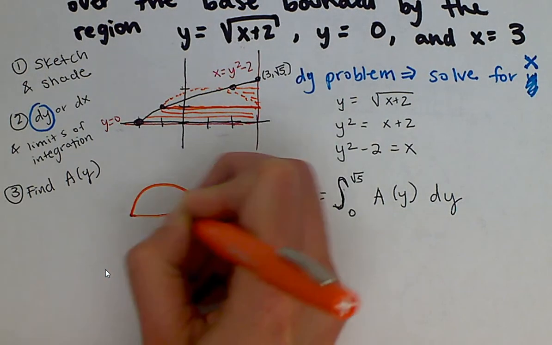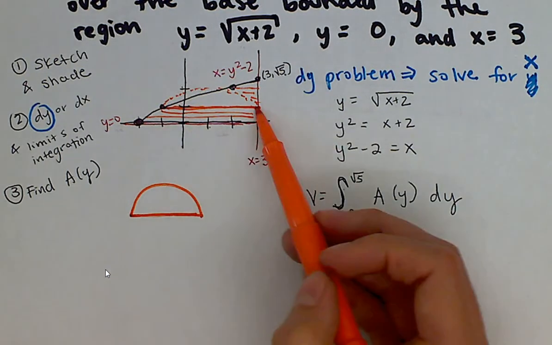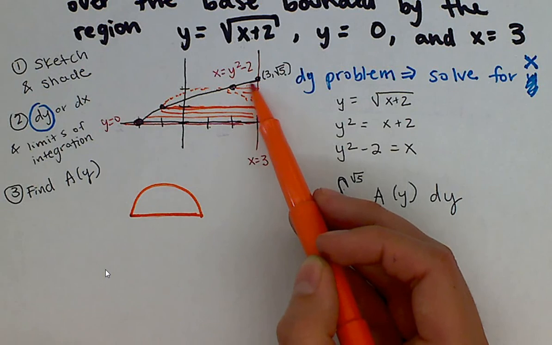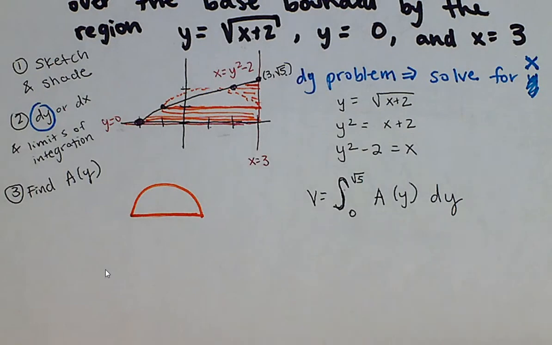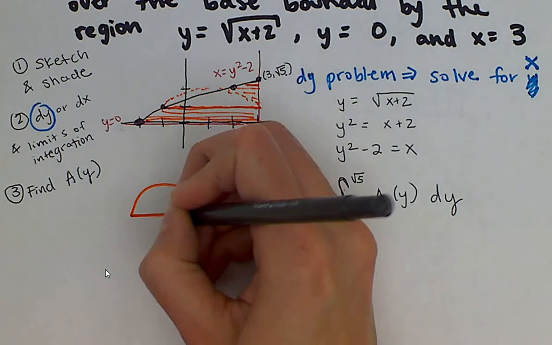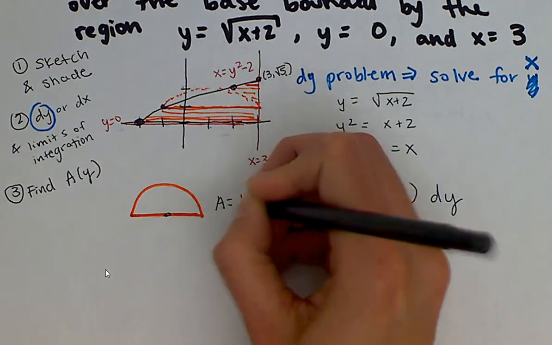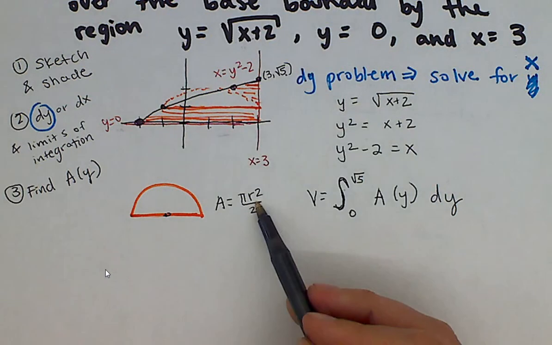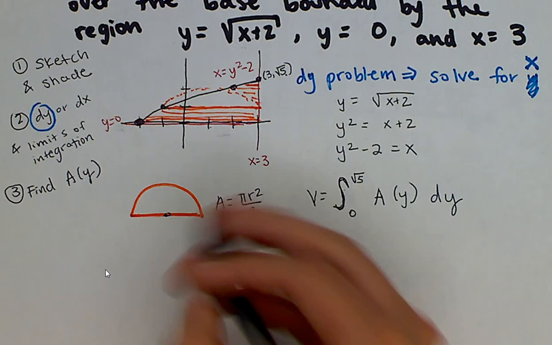Here's my orange semicircle. These semicircles are changing throughout. They'd be really, really small here, a little semicircle, and a bigger semicircle down here. So I need to figure out what is this radius. What is this area, first of all? So the area is going to be pi r squared divided by 2. And in my formula, I need to figure out what's the radius. Okay, so what is the radius?